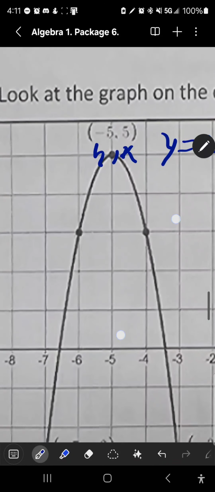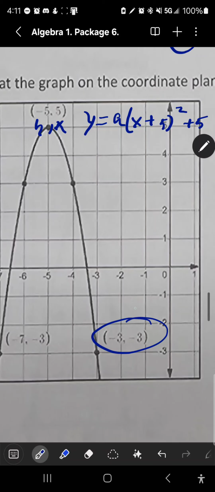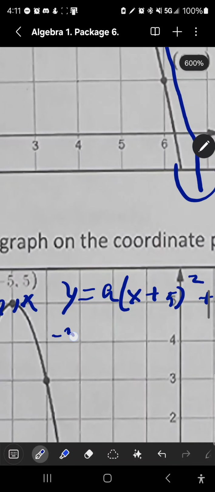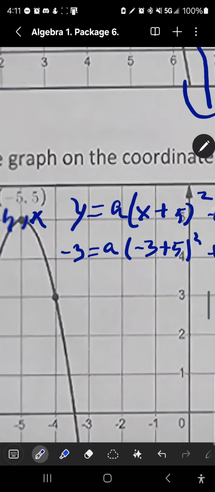Now we're going to select a point, and here we better use this, negative 3 comma negative 3. So I have negative 3 equal a, which is going to be negative 3 plus 5 squared, plus 5.